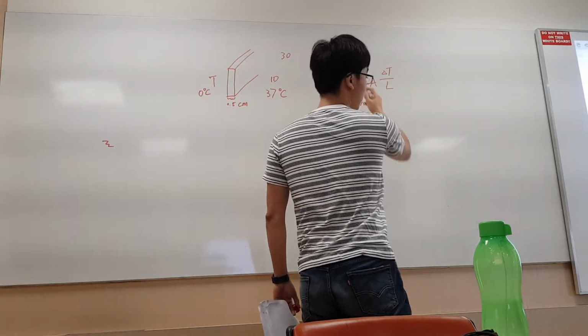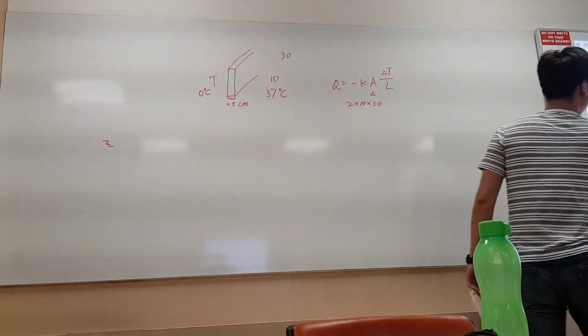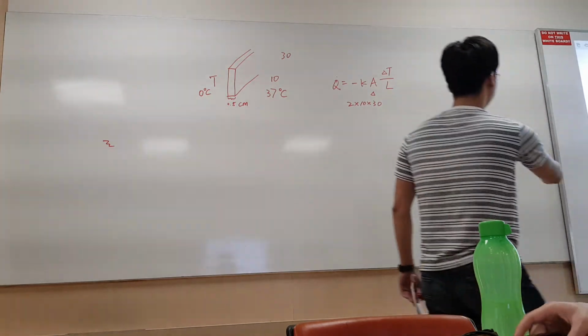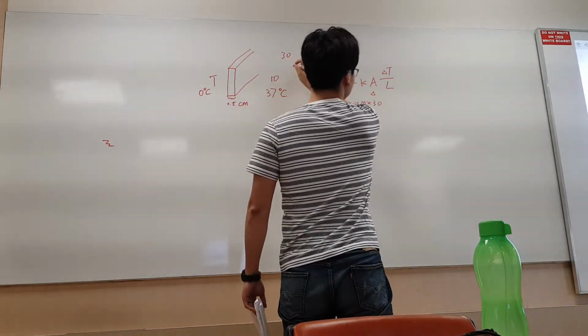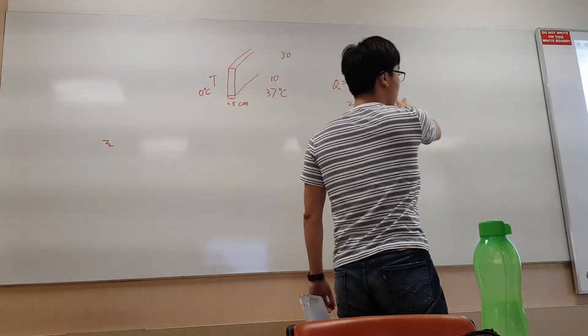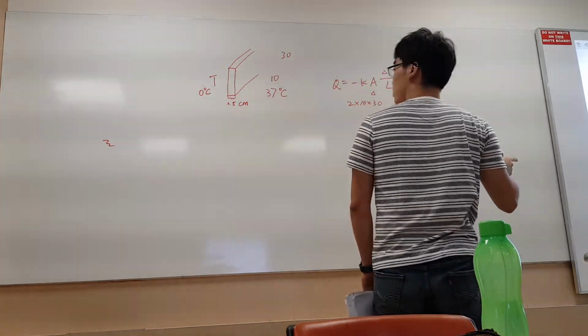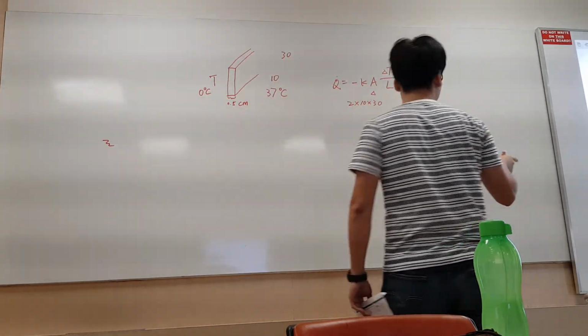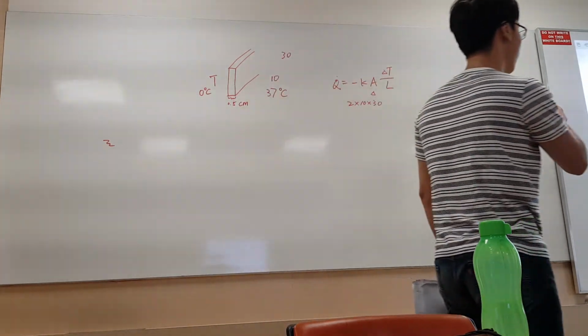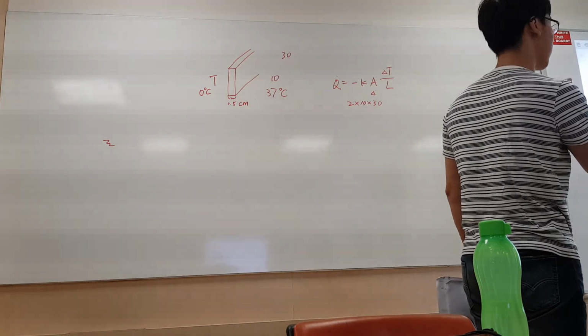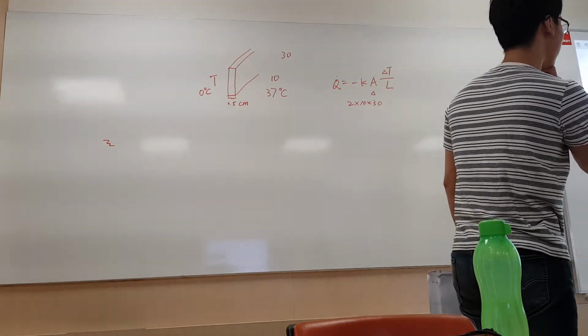And K is given here, the thermal conductivity of leather. We have A, we have delta T, we have L. So if you plug in, you should get about 6 watts. I didn't calculate that, but we should get that.